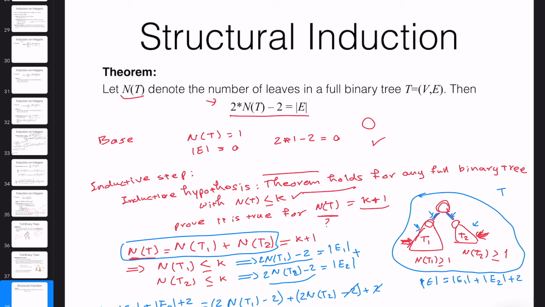And you can see that this is going to be the number of leaf nodes in T, right? So this is going to be 2 multiplied by the number of leaf nodes in T minus 2. This is exactly the formula that we wanted to prove. So we are done with our proof.